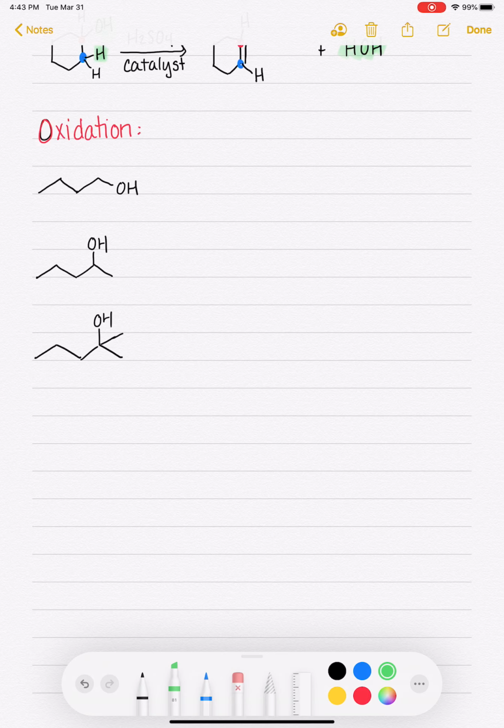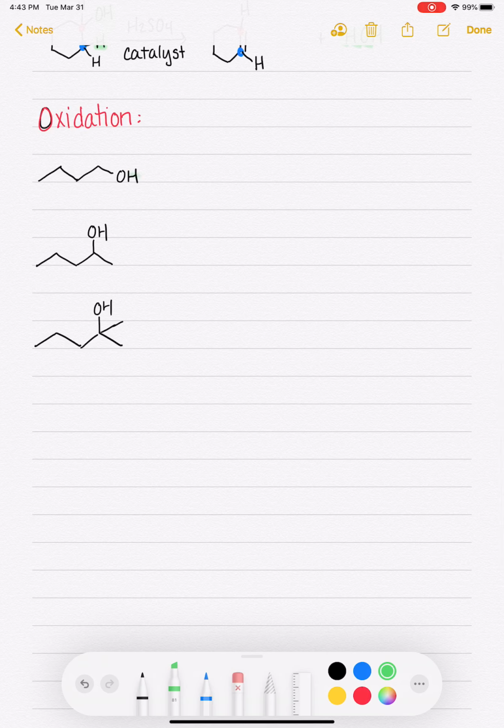The first one, you can see the alcohol part of the molecule is at the end of its carbon chain. It's attached to a carbon, and that carbon has two hydrogens on it.